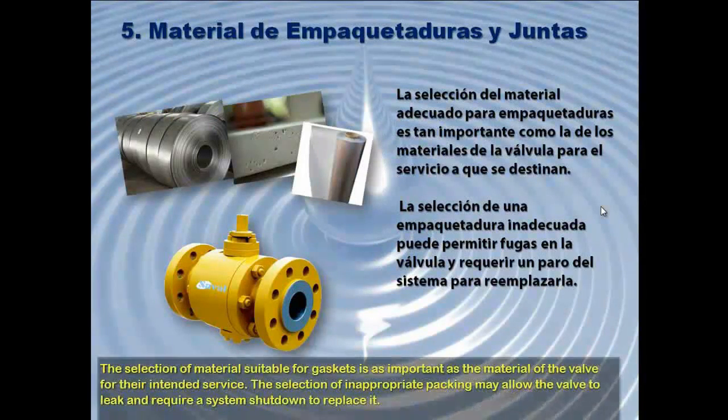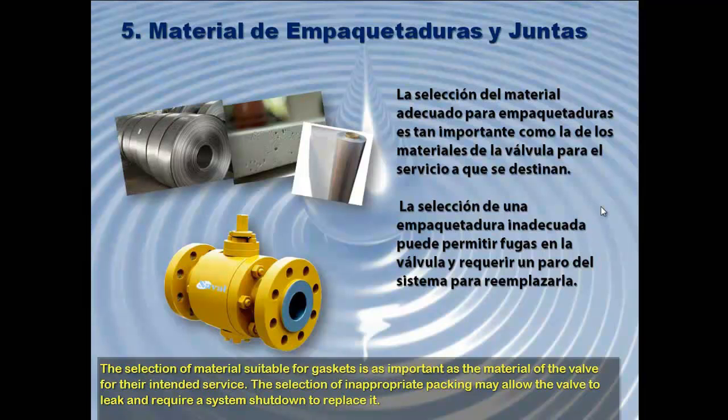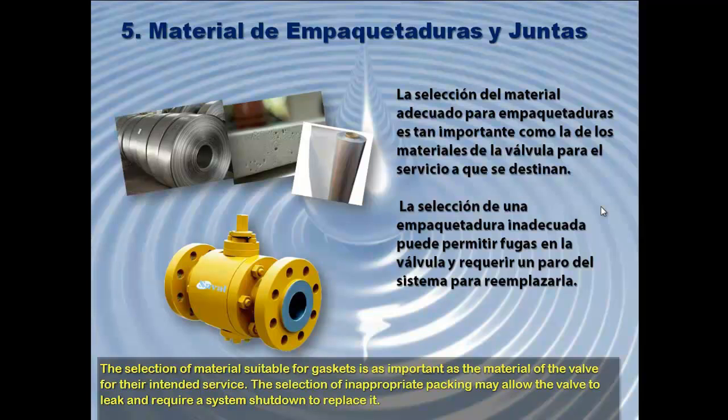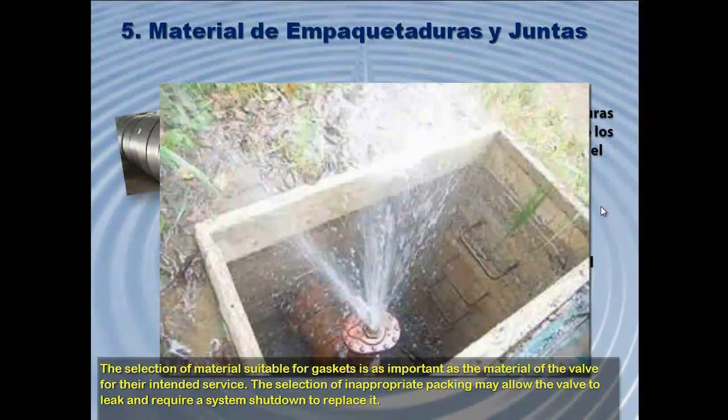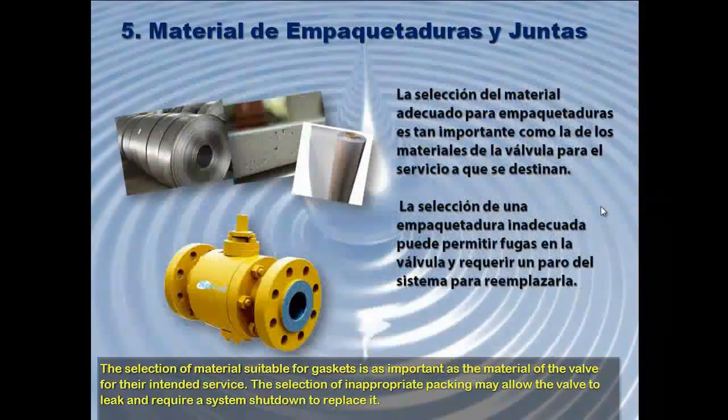The selection of materials suitable for the gaskets is as important as the material of the valve for their intended service. The selection of inappropriate packing may allow the valve to leak and require a system shutdown to replace it.